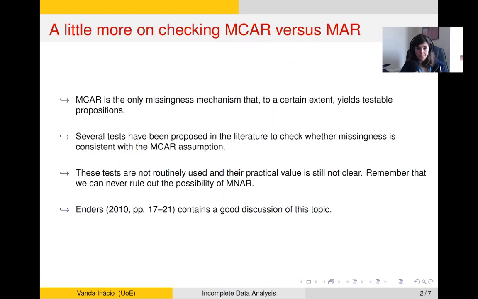I should point out that these tests are not very often used in practice, and also that their practical value is somehow unclear, because as we have already talked about, we can never rule out missing not at random. What we try to do is to rule out missing at random.